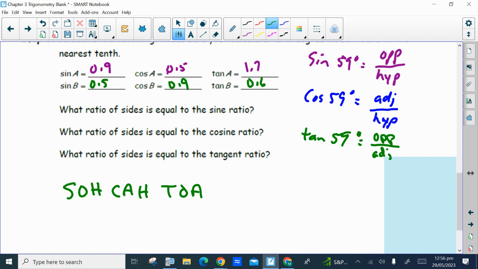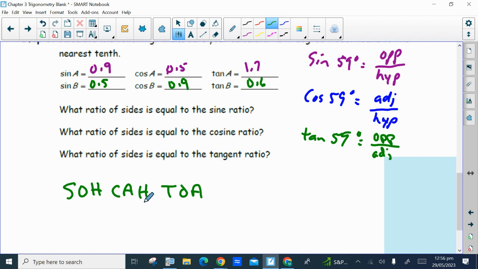The S stands for sine. Sine is opposite over hypotenuse. That's what the O and the H stand for. Not only does that tell you what the two sides are that you use for sine, but they also tell you what order they're in. It's O first, H second. Opposite on top, hypotenuse on the bottom.